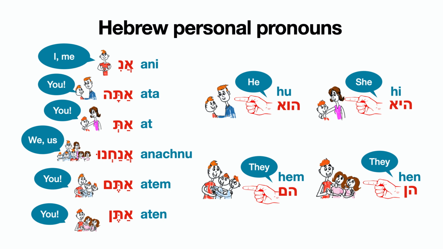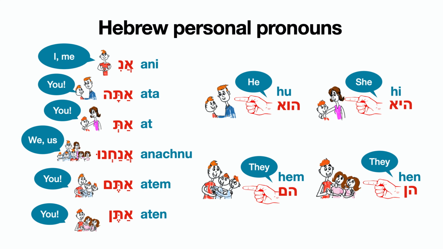In the previous video, we saw these Hebrew personal pronouns. I or me, which is ani; you when talking to a male, which is ata; you when talking to a female, which is at; anachnu, which means we or us; atem, which means you when talking to males, and aten when talking to females, that also means you.